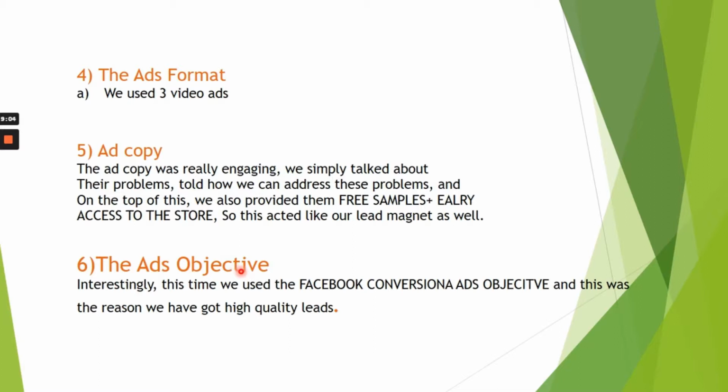For example, if they are willing to get purchases, they would use the traffic, reach, or brand objective, which definitely will not bring as much conversion as we get from the Facebook conversion ads objective. So in this particular ad campaign, we used the Facebook conversion ads objective, and this was probably the reason that we got high quality leads at an amazingly low cost per lead.